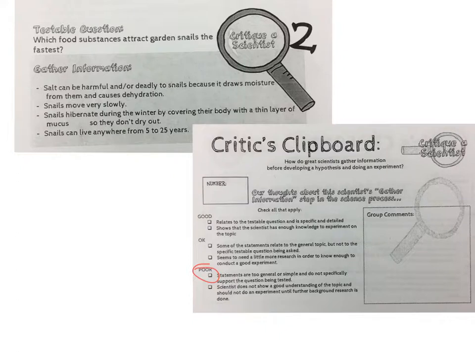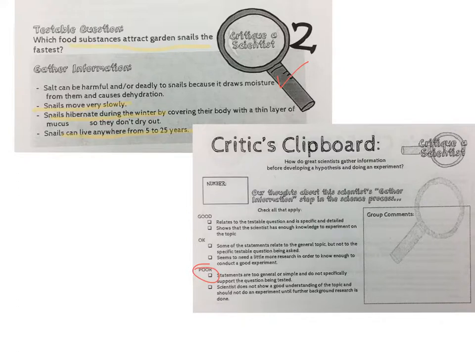The reason why I think this scientist has poor research is because although the first statement in their information is slightly related to the testable question, I think the rest of the information is very off topic. Snails moving very slowly, snails hibernating during the winter, and how long snails can live really don't have anything to do with food substances that attract snails.